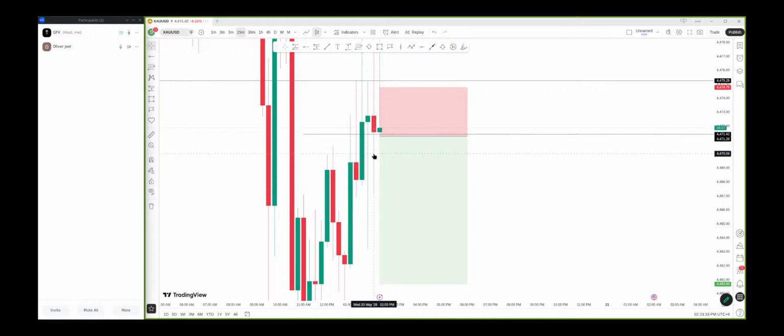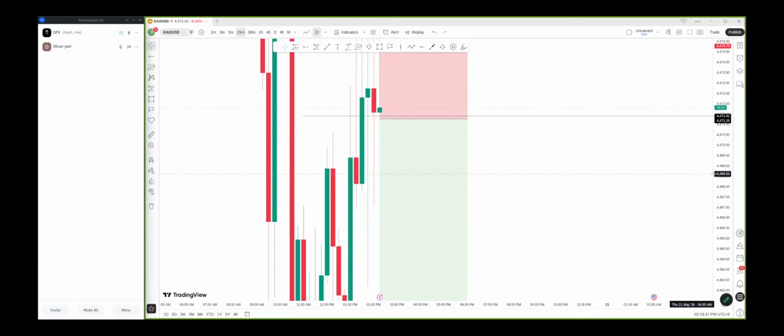Yeah, for the sell. The moment it breaks below its own low at 4474129, then that's your sell, expecting it to continue back to the downside.